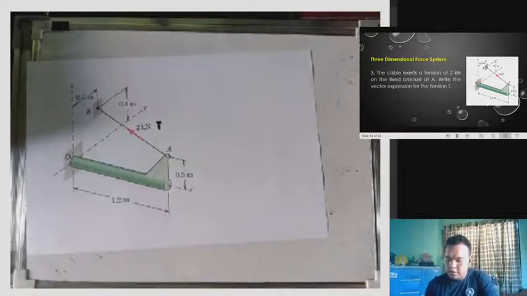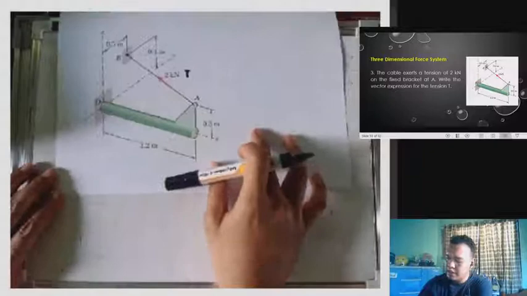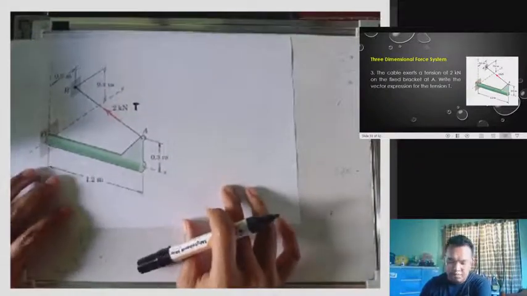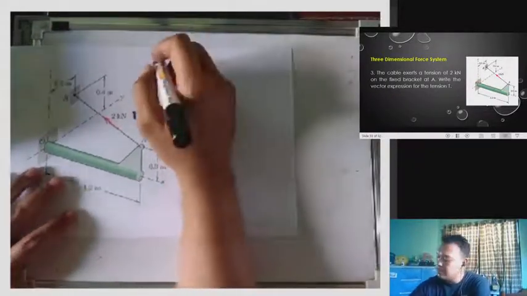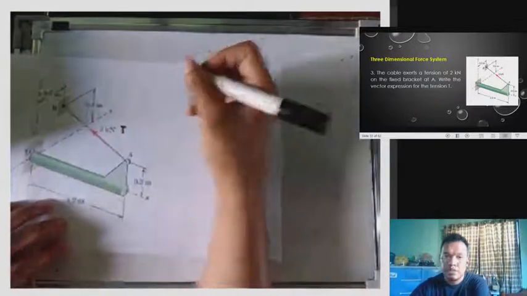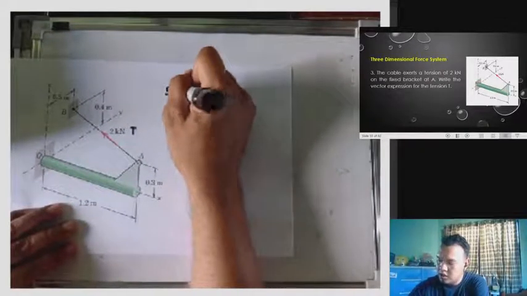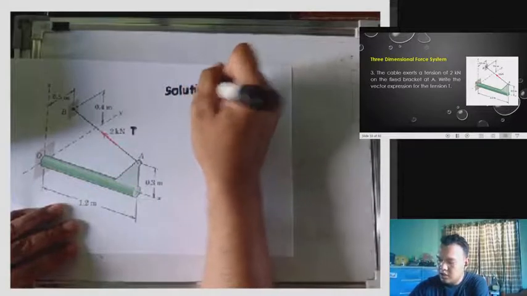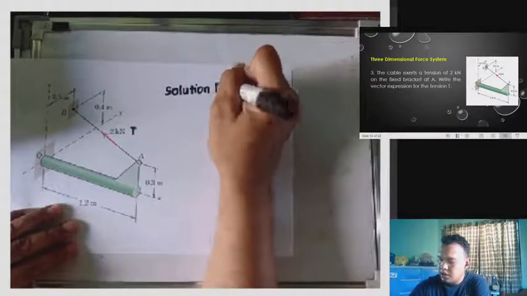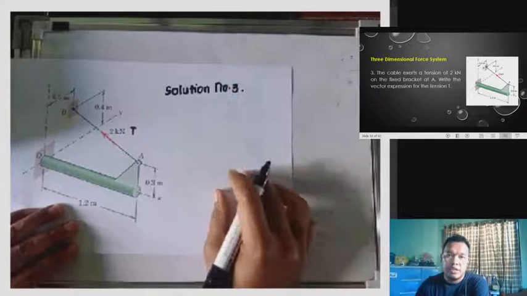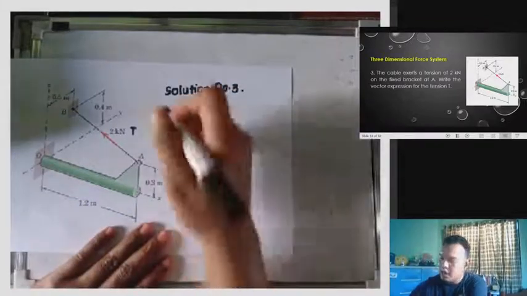Okay, so we have here solution number 3. Okay, so we have here formula.